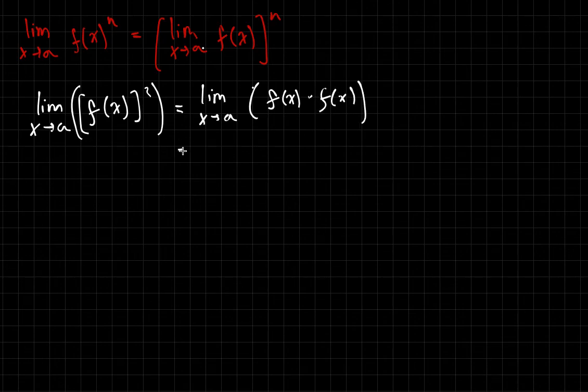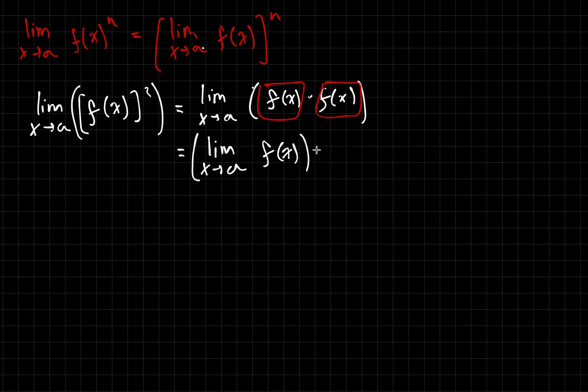And if you remember that property that I mentioned a few properties ago, if you have a function times a function, then what can you do? You can separate this into two separate limits, right? So this will just be the limit as x approaches a for f of x times the limit as x approaches a for f of x. And these are the same thing.